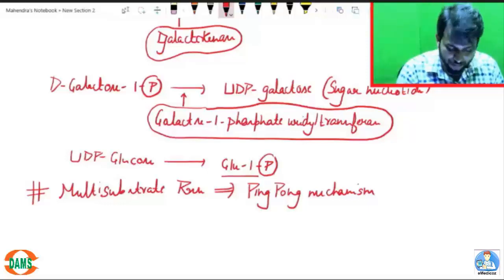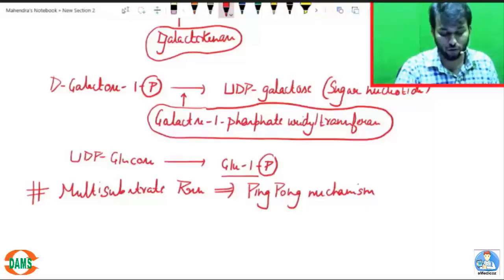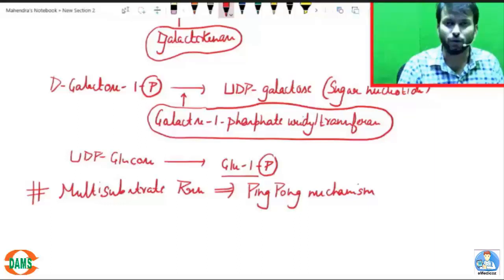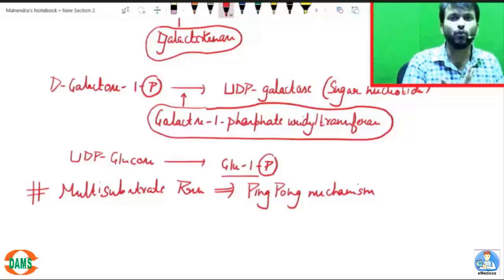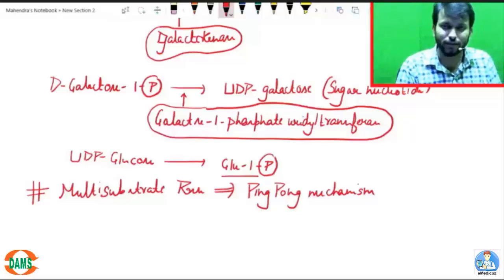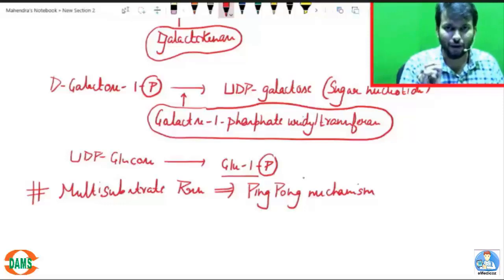Through the ping pong mechanism, this D-galactose 1-phosphate enters into UDP galactose, and sidewise glucose 1-phosphate arises from the UDP glucose. So there is a conversion of UDP galactose to UDP glucose in the process of this reaction.